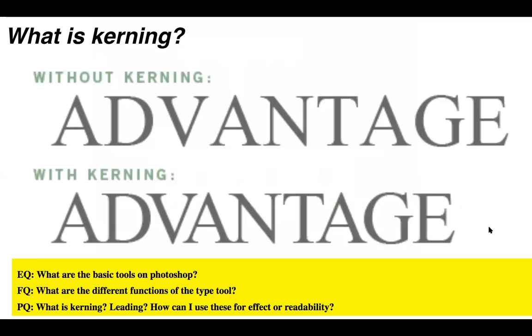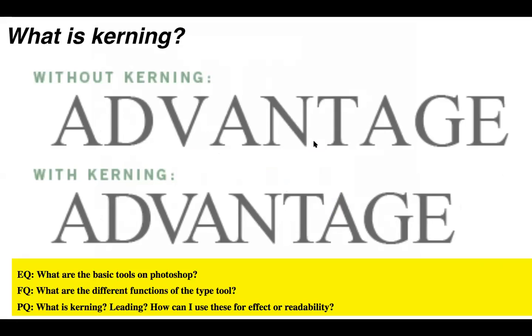So just so you guys see what it looks like, without kerning, we have letters. Sometimes fonts have a little bit of weird spacing in between specific letters. So you can see how the A and the D in Advantage at the top are really close, and then the D and the V are a little more spaced out. So you can adjust it so that letters look more evenly spaced.